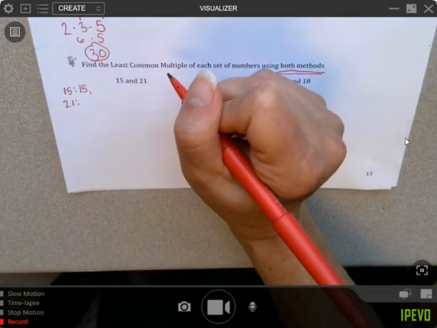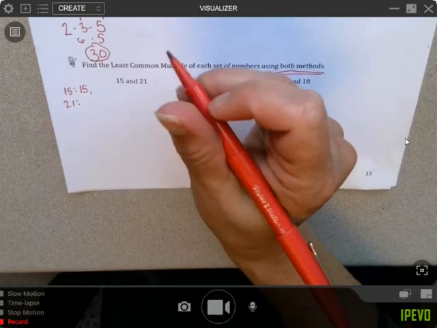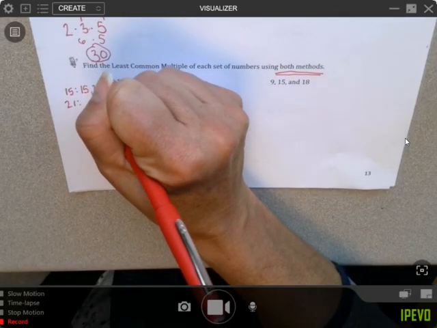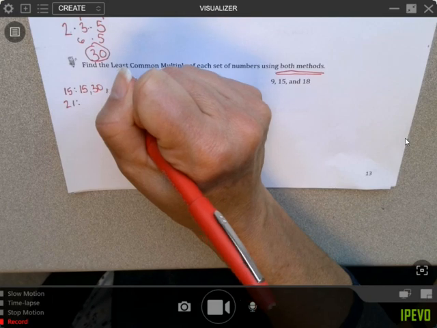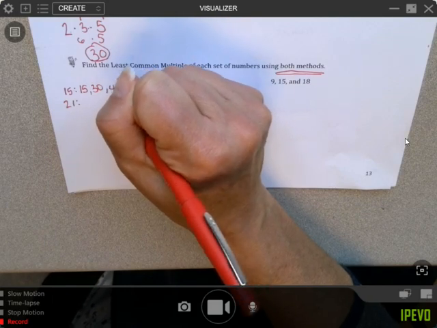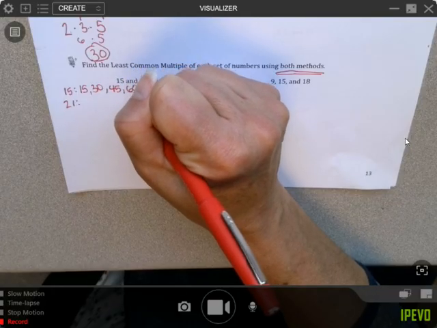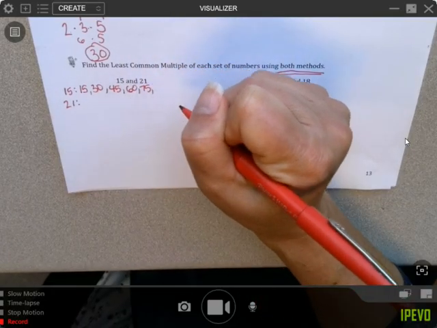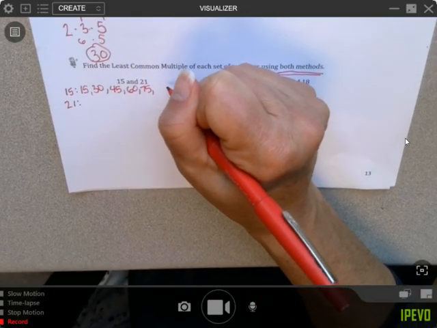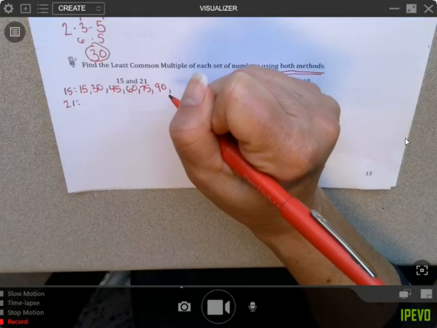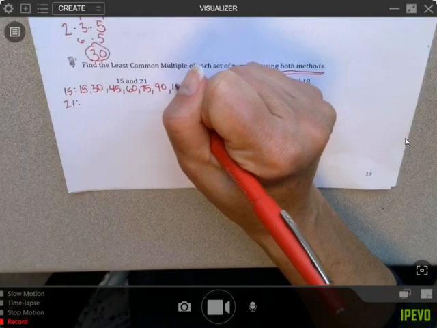So you always start with multiplying by 1. Then you're right, multiplying by 2 gives me 30. What's 15 times 3? If you know it, just say it. 45. 15 times 4. 15 times 5. 15 times 6. 15 times 7. 15 times 8.